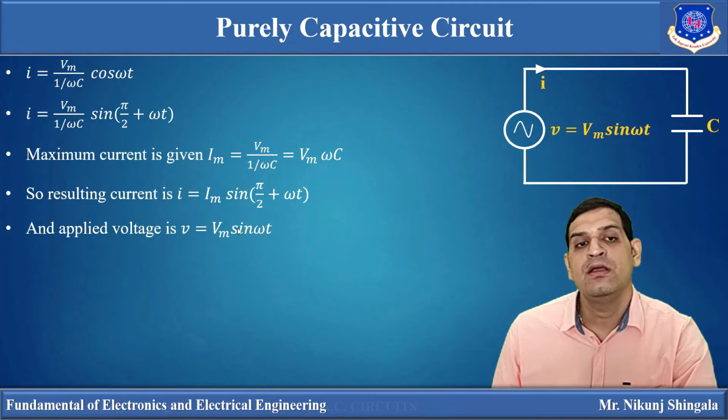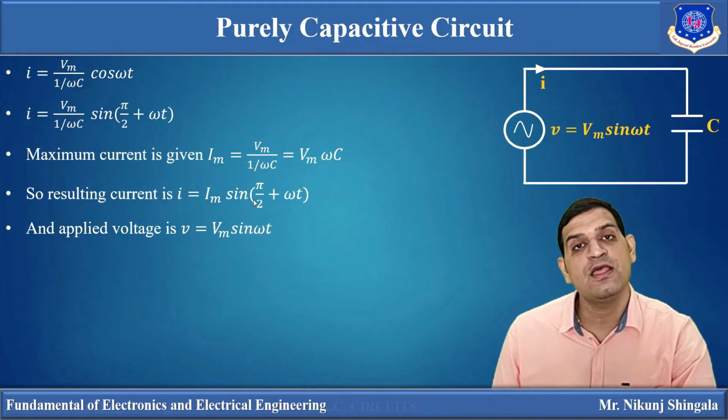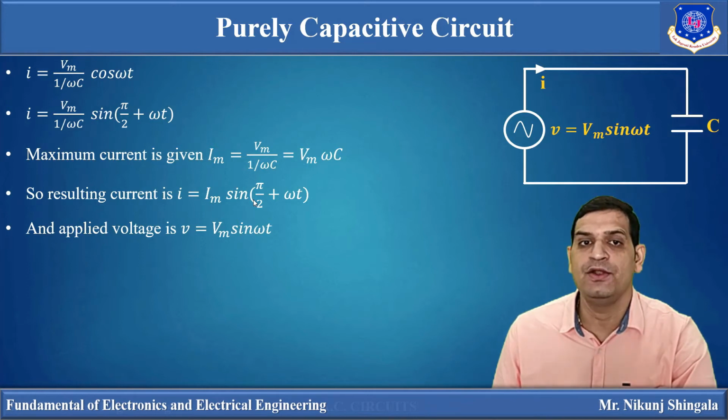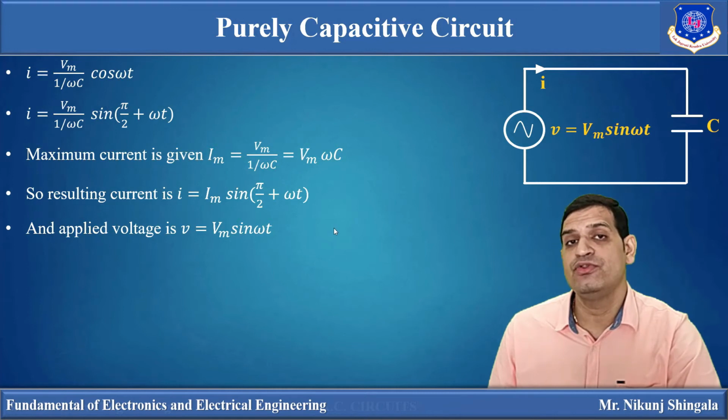Now both the expressions contain sin term, but here there is a phase difference between applied voltage and resulting current, and phase difference is pi by 2. But here phase difference is plus pi by 2, that is 90 degrees. In the case of purely inductive circuit, phase difference is minus pi by 2. Here phase difference is plus pi by 2. Now what is our conclusion from both these expressions?